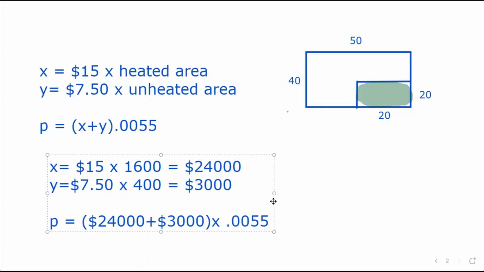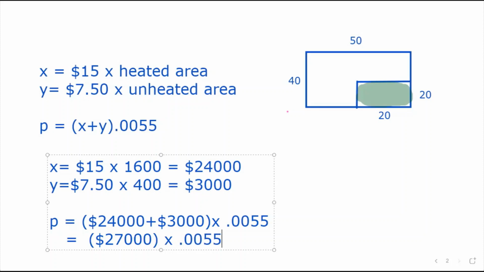Okay, and when we put all of this together, that's going to be, and I want to make sure we show every step, 27,000 times 0.0055, which is going to give us a grand total of $148.50 for this permit.